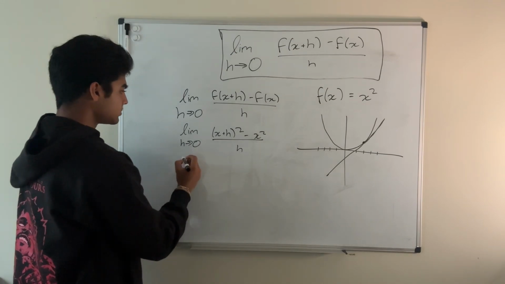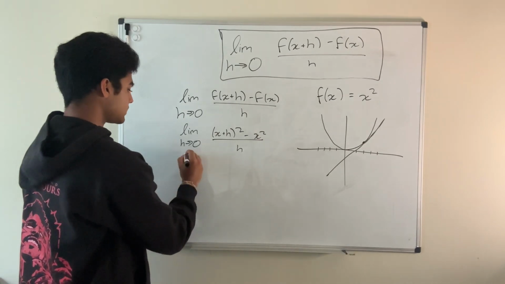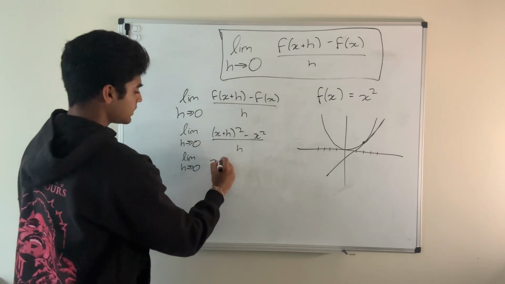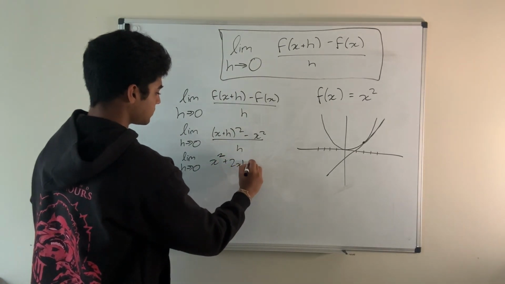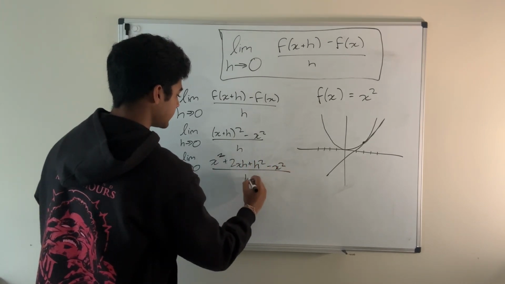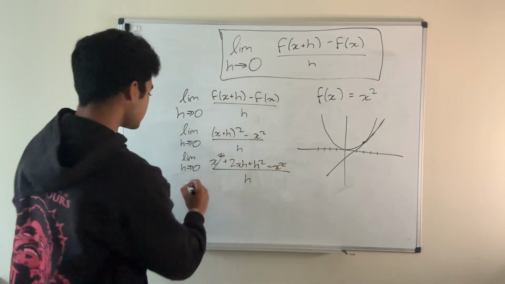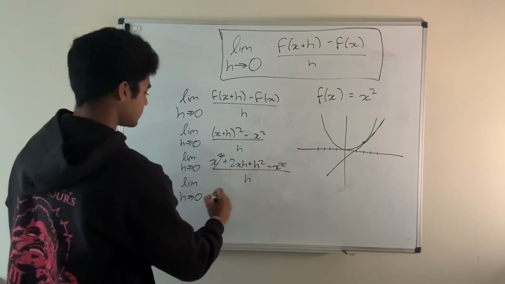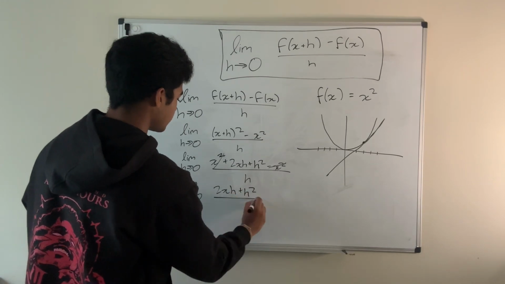This translates to, if we simplify this, we get the limit as h approaches 0 of x squared plus 2xh plus h squared minus x squared all over h. This x squared and minus x squared cancel out. So then we're left with the limit as h approaches 0 of 2xh plus h squared over h.